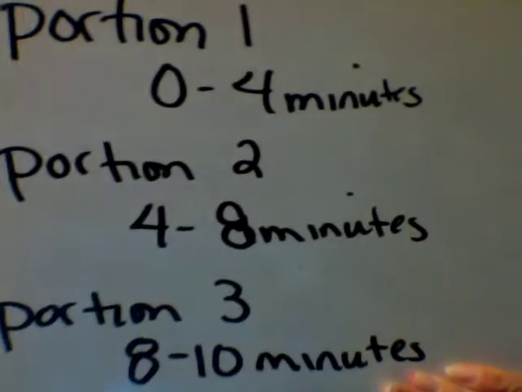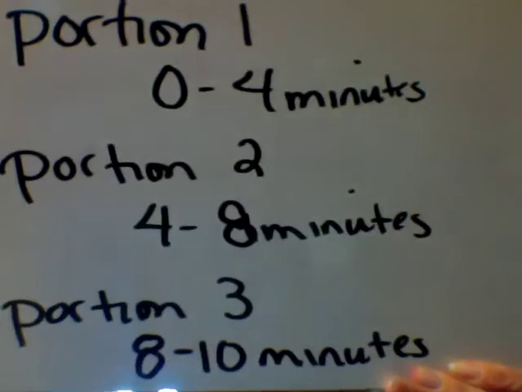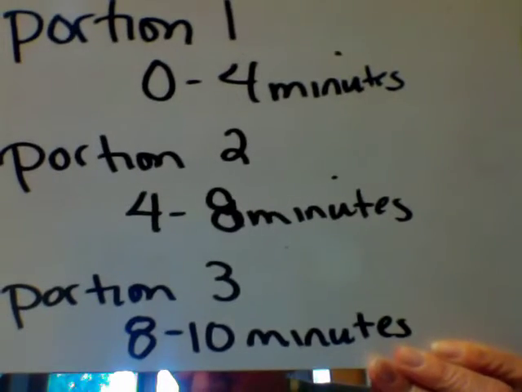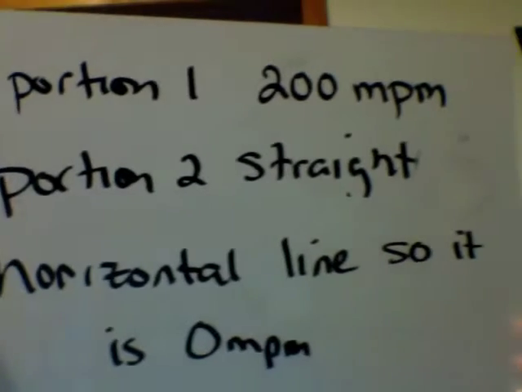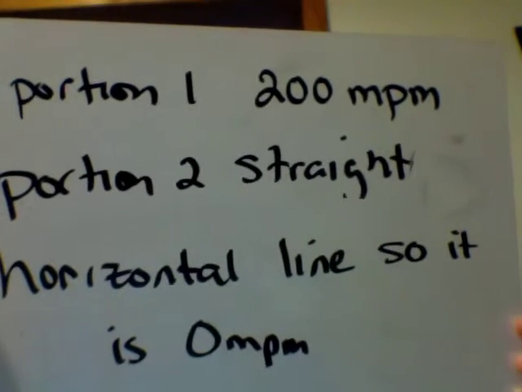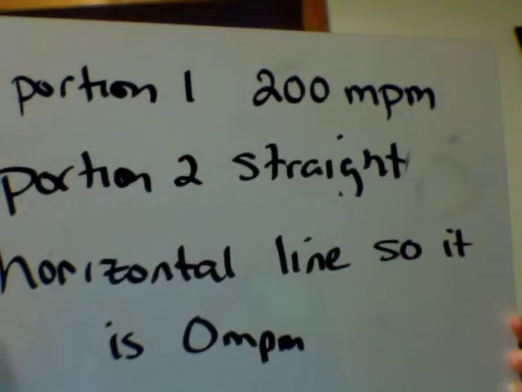Now, in our first episode, we graphed portion 1 and figured out the speed in portion 1. Portion 1 was the area from 0 to 4 minutes, and we came up with 200 meters per minute.